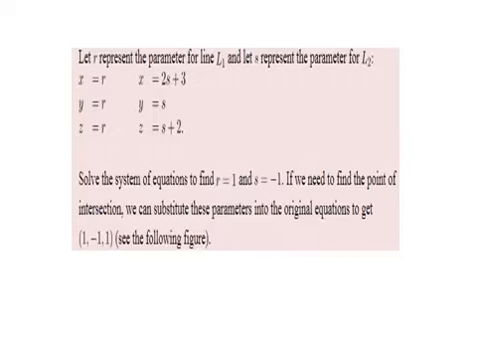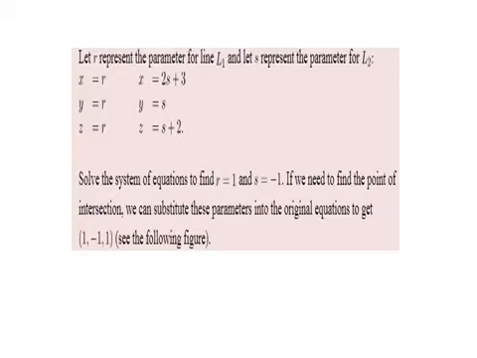Let r represent the parameter for L1 and let s represent the parameter for L2. For L1, x equals r, y equals r, z equals r; for L2, x equals 2s plus t, y equals s, z equals s plus t. Solve the system of equations to find r equals 1 and s equals minus 1.